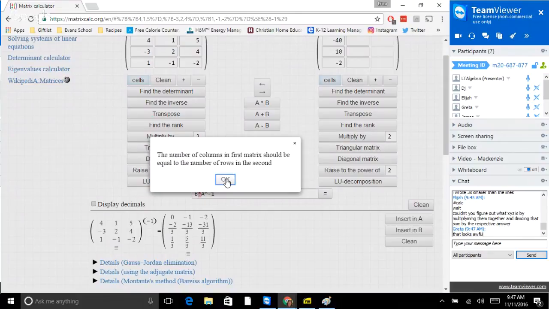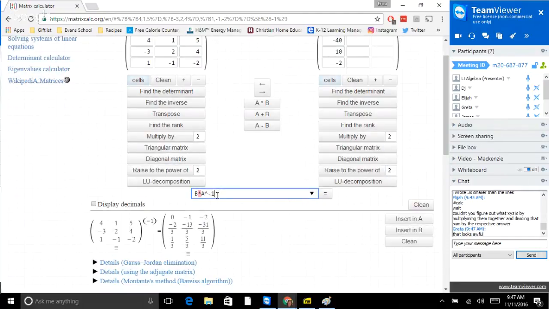So don't do that. You have to actually do this in a particular order, because of the rows and the columns, right? You have to multiply the inverse times the second.